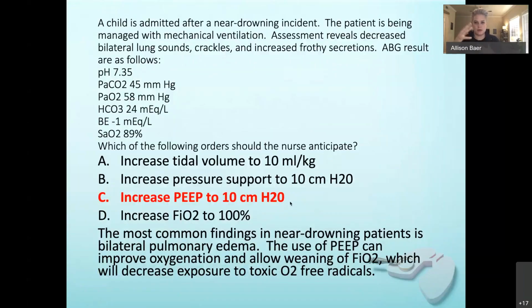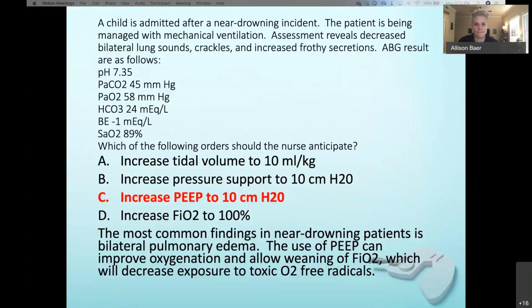So to increase that functional residual capacity, which all of that helps with oxygenation. Nobody picked FiO2 of 100, and that's just too much if you don't need to do it. The pressure support to 10 is not bad, but again, PEEP is just going to be better. It's better for oxygenation and pulmonary edema than pressure support is. Pressure support increases the tidal volume, but PEEP increases that functional residual capacity, keeps the alveoli open.